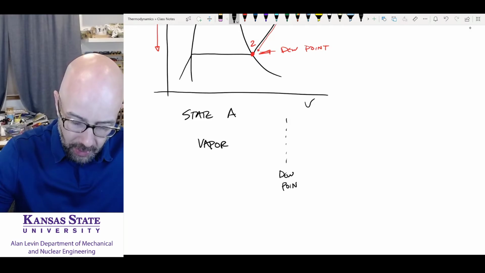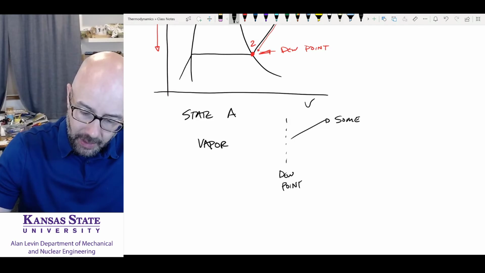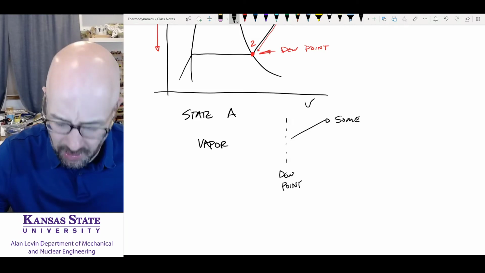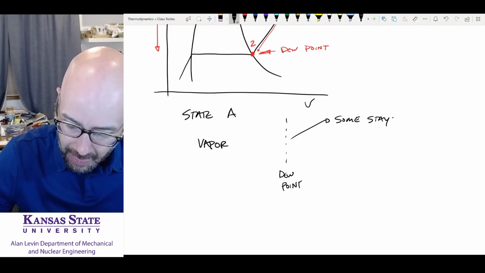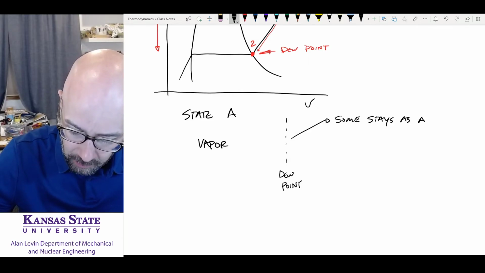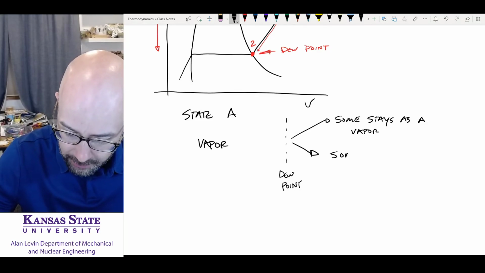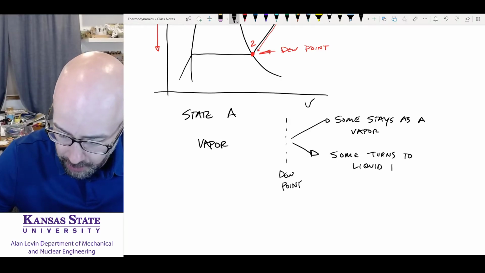And if it does, some of the mixture stays as a vapor, and some turns to liquid H2O.